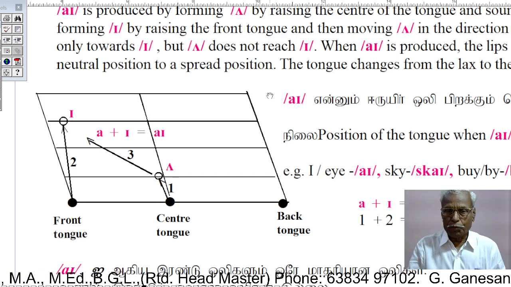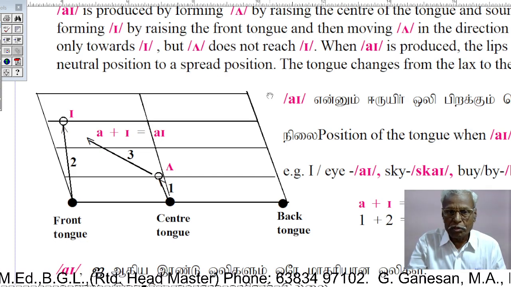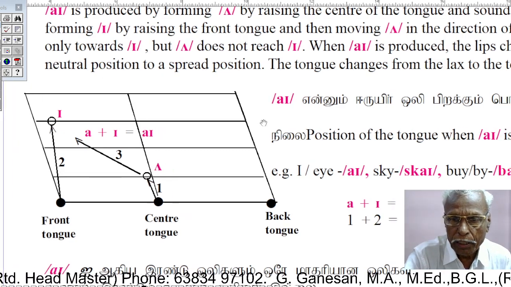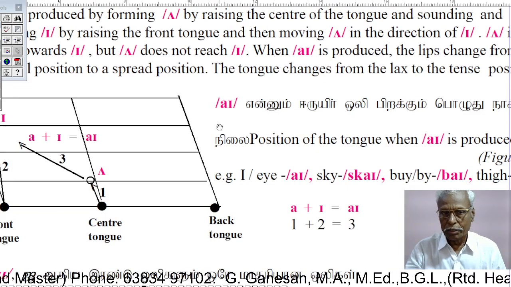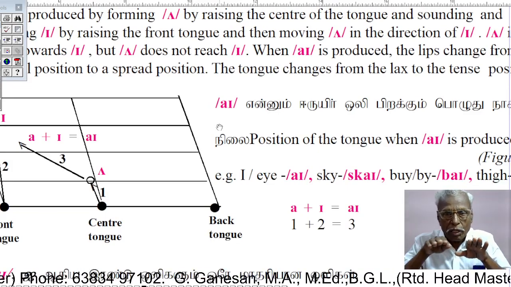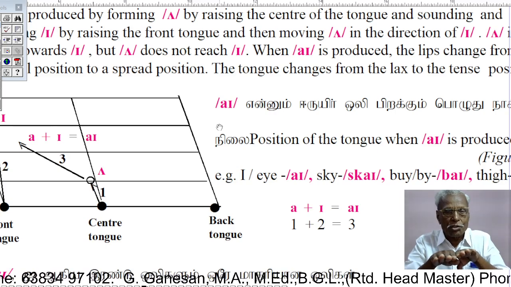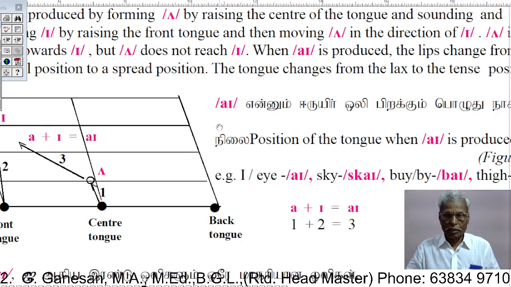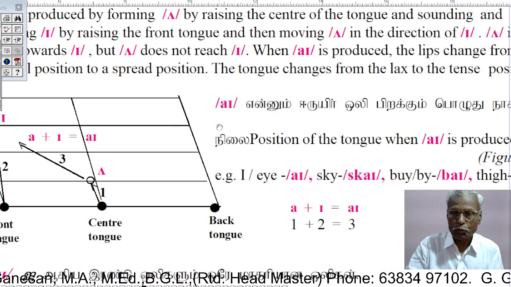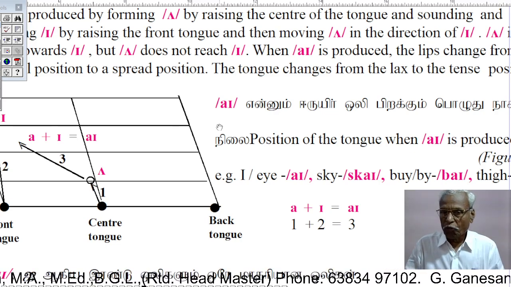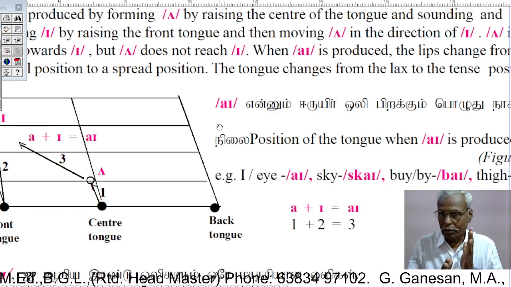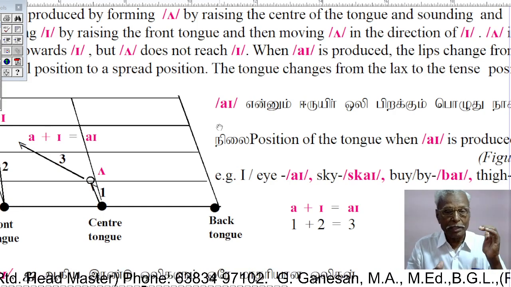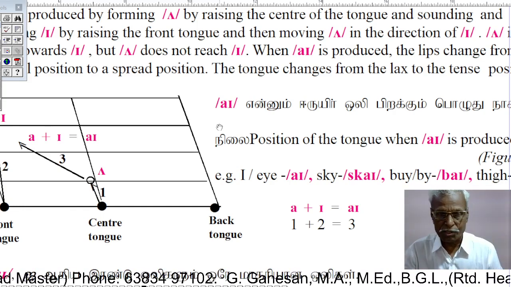When /a/ is produced, the tongue is in neutral position. When /ɪ/ is produced, the tongue changes from neutral to spread position. The tongue changes from the lax to the tense position. When /a/ is produced, the tongue is lax, but when /ɪ/ is produced, the tongue is tense.